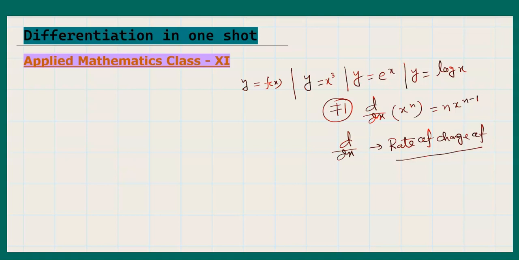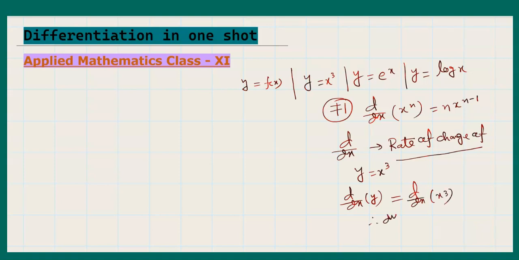For example, if the function is what we have taken, y equal to x cube, the rate of change of the function y with respect to x will be what? That we can write d/dx of y, equal to d/dx of x cube.